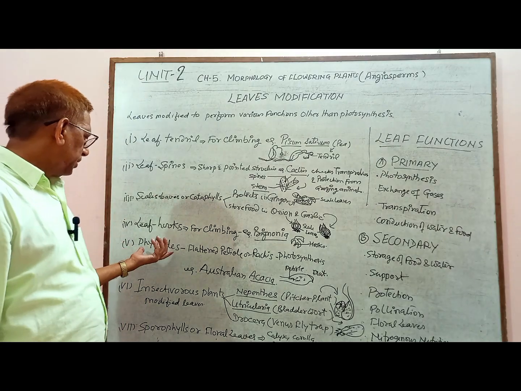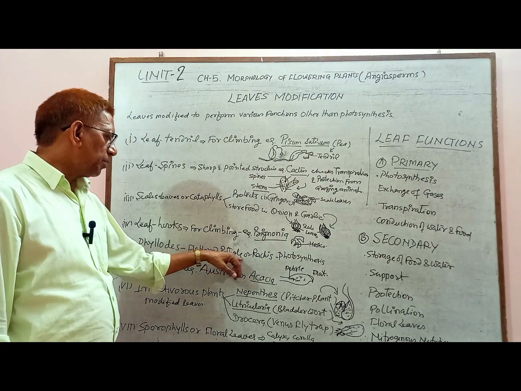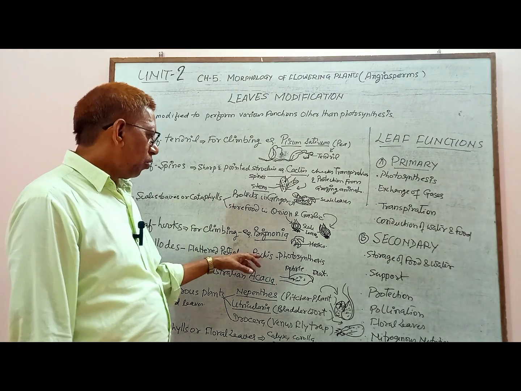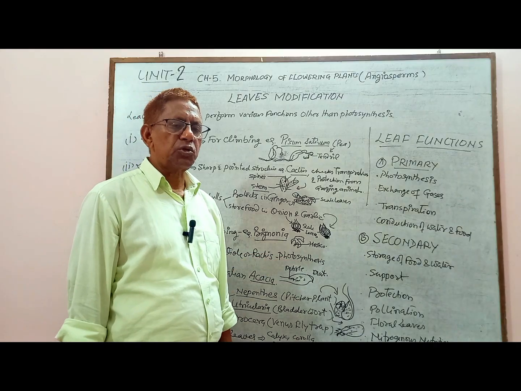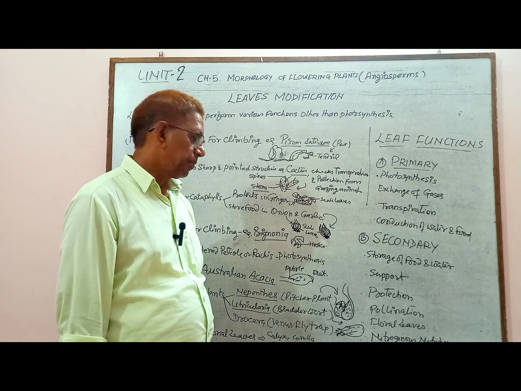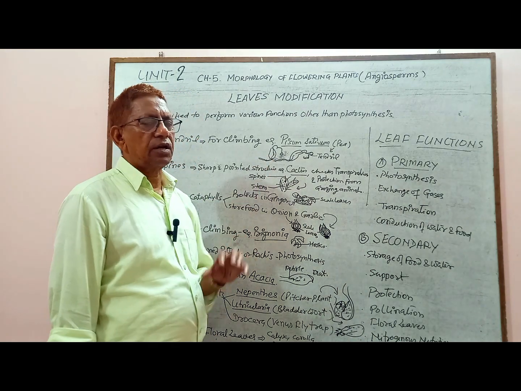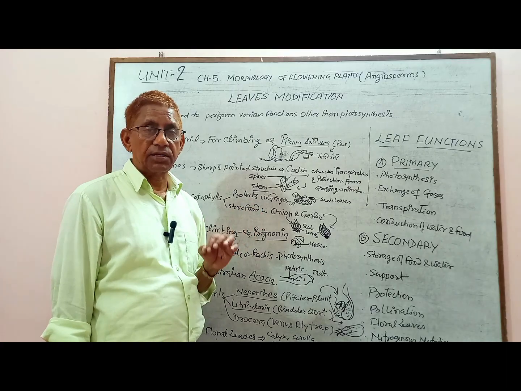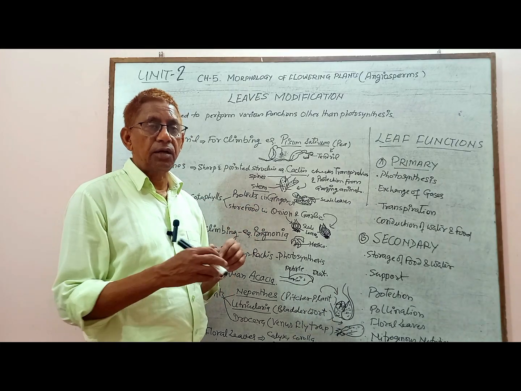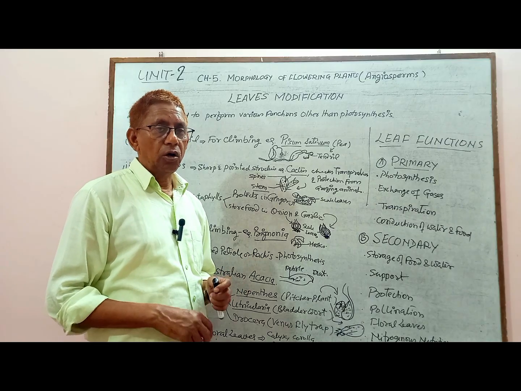The next is phyllodes. Phyllodes are the flattened petiole or rachis, and this petiole or rachis is responsible for the process of photosynthesis. In other words, as we discussed in my previous lecture, the portions of the leaf are the leaf base, petiole, then leaf blade or lamina, midrib, and the rachis.